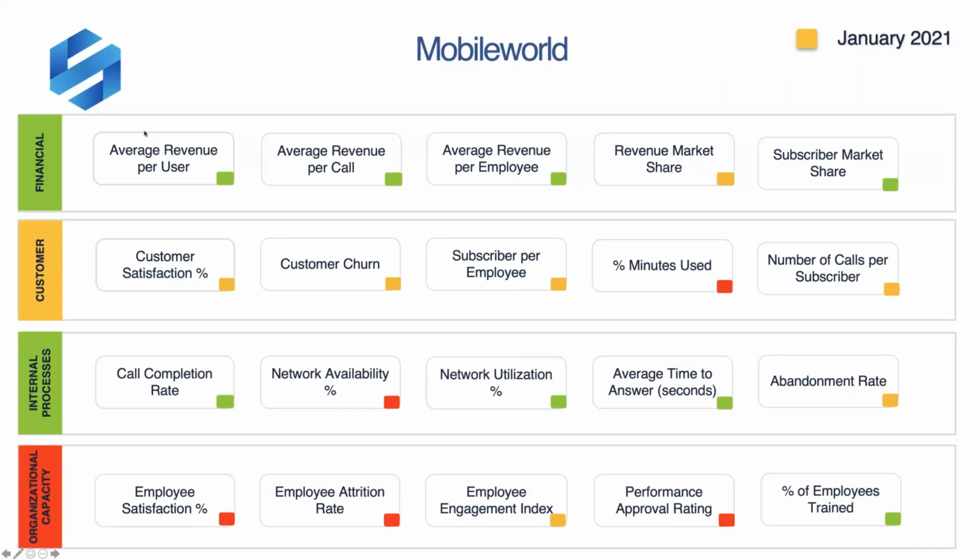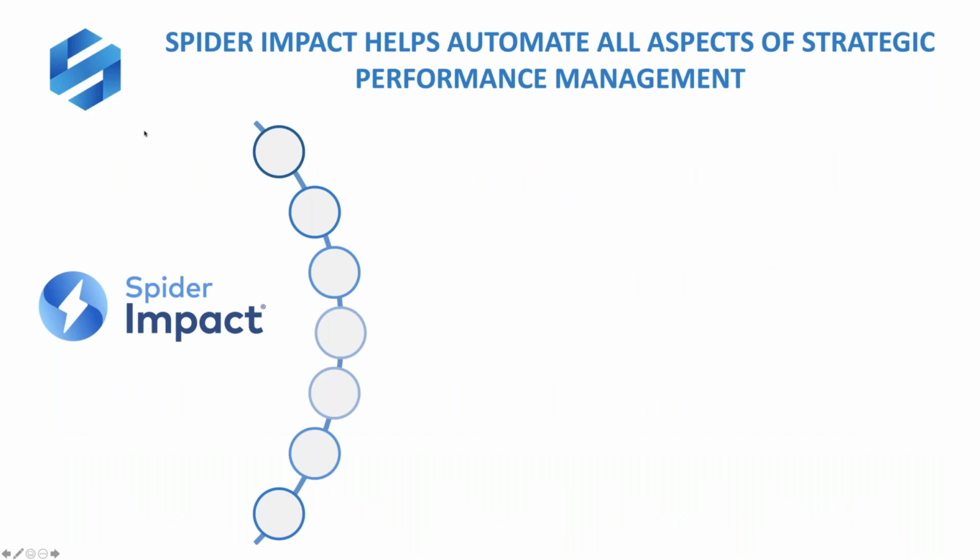I'm just going to move ahead to the next slide here. And in summary, review what we've covered here. So Spider Impact helps automate all aspects of a performance management solution.